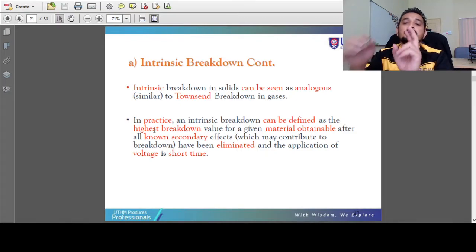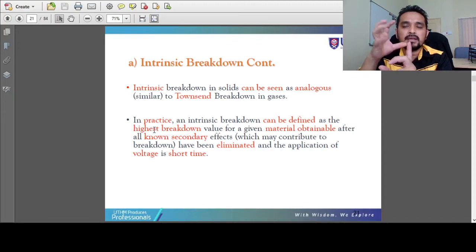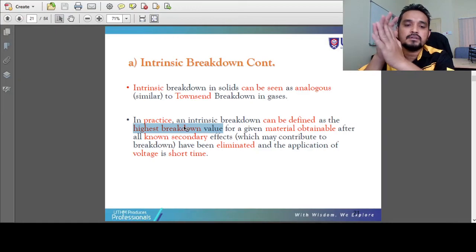Just imagine this will only happen at a very high breakdown value, with purity. Say for example we have fillers, the material is impure, we have external factors like discharge activity outside, and defects due to the environment. Definitely the breakdown of this solid material will occur at a far lower value than this.